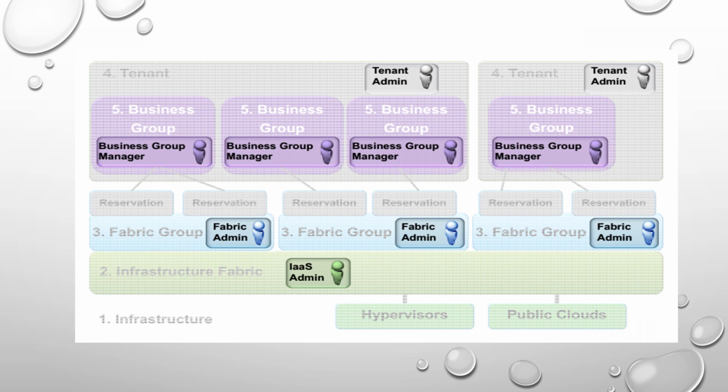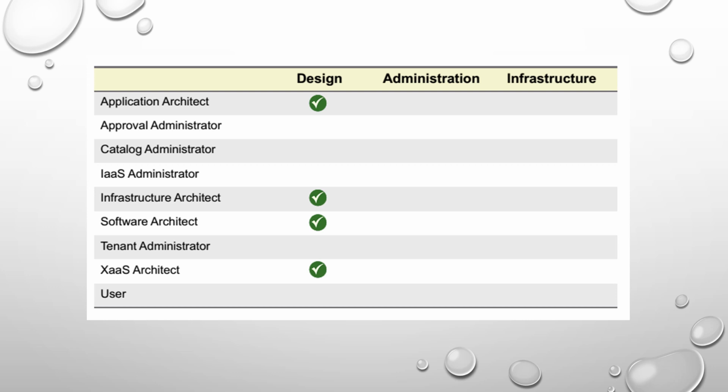While we are onto it, let us also look at the way the VRA portal is presented to the users that have some particular roles associated to their account. The design tab is only available to users that have any of the architect roles associated with them. It can be the infrastructure architect, application architect, software, or access architect.